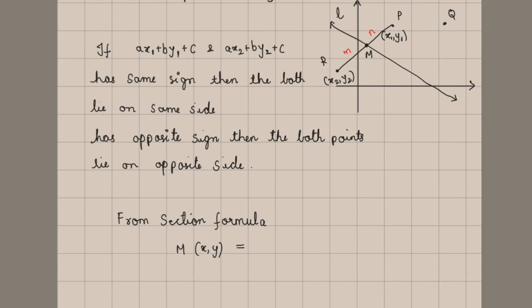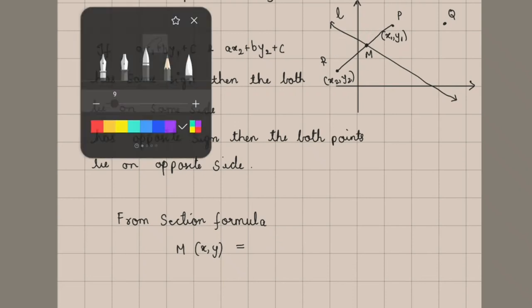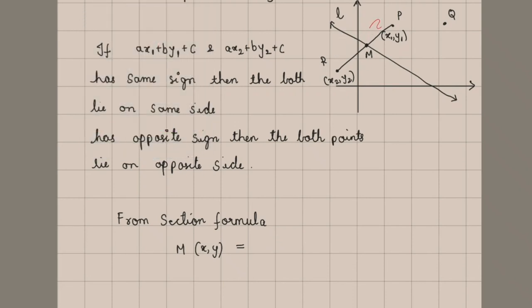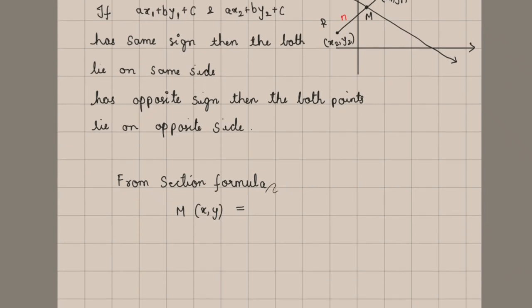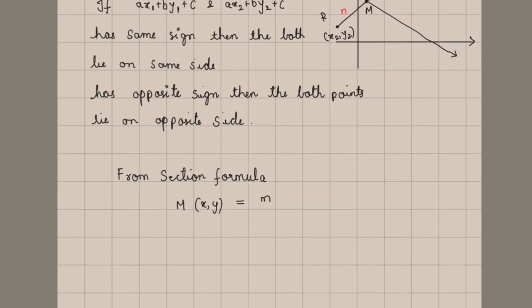Or else let's take this as m is to n. Then we get (mx2 + nx1)/(m + n), comma, (my2 + ny1)/(m + n).